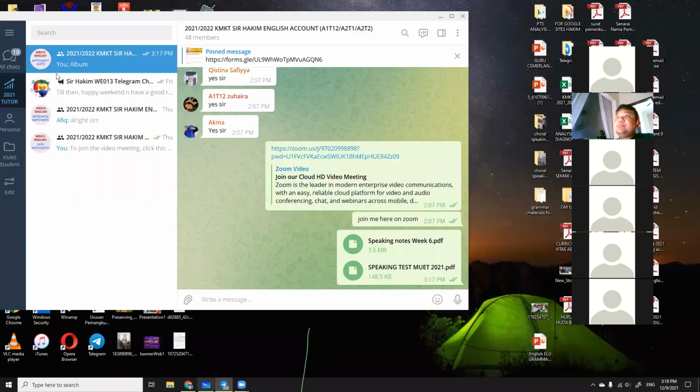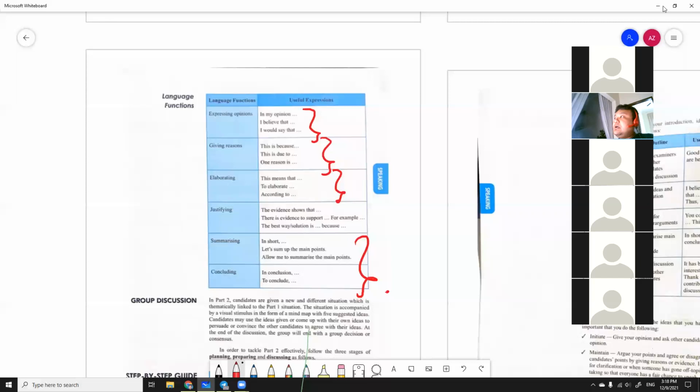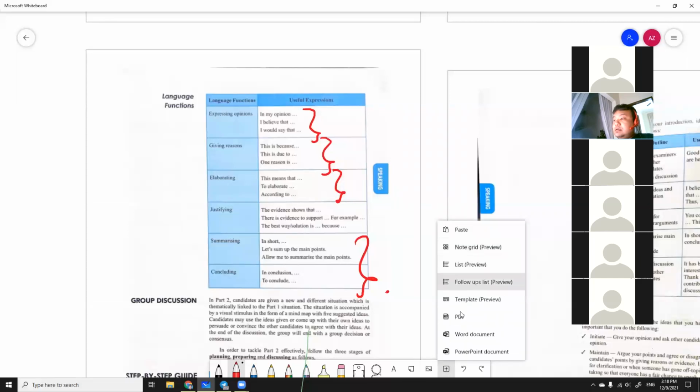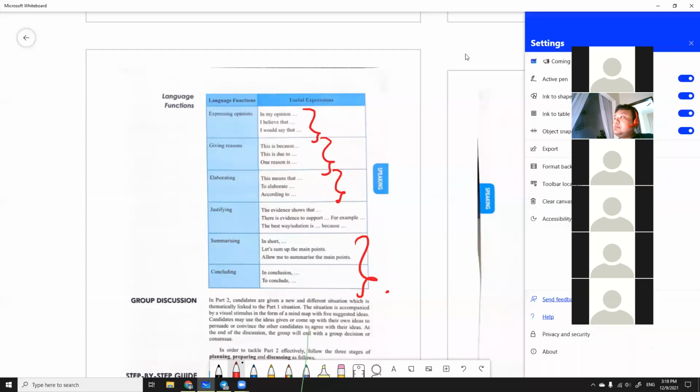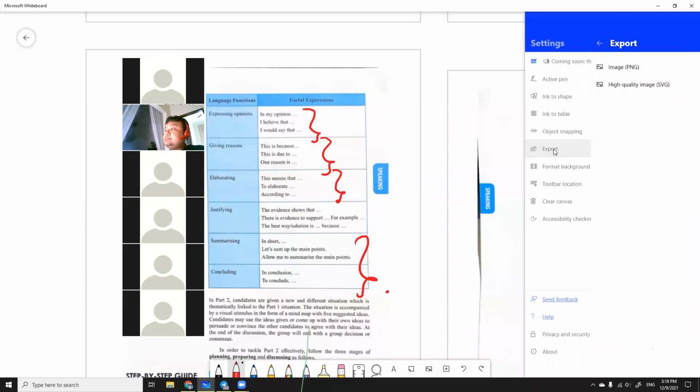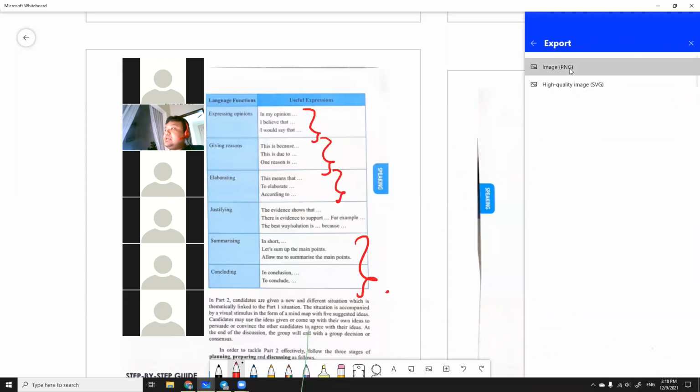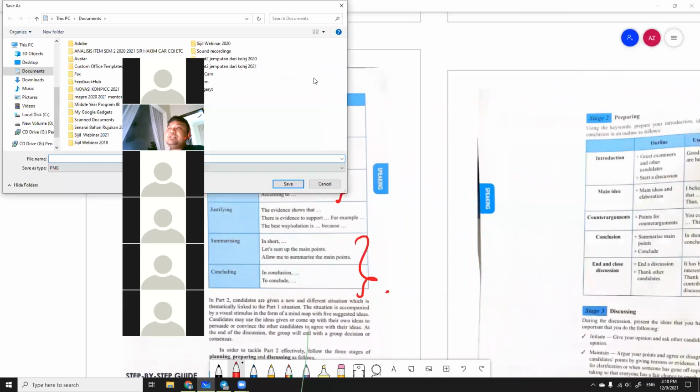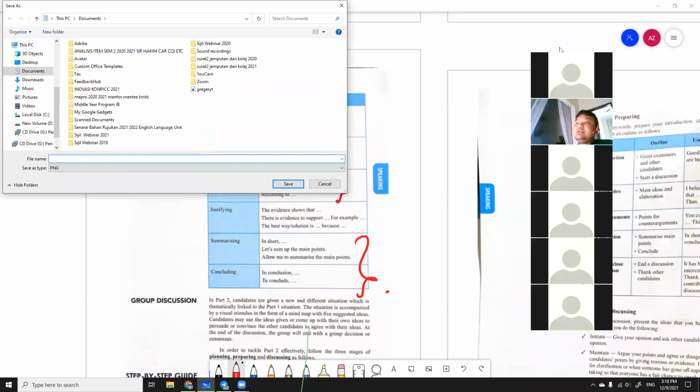And as for this one, I want to share how to export all this into image PNG, but you need to zoom in to see the notes.